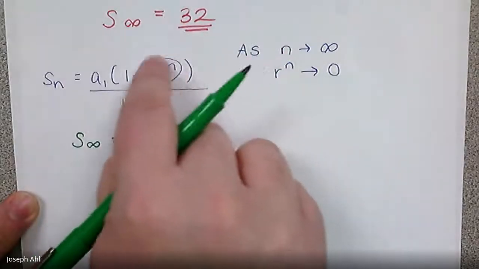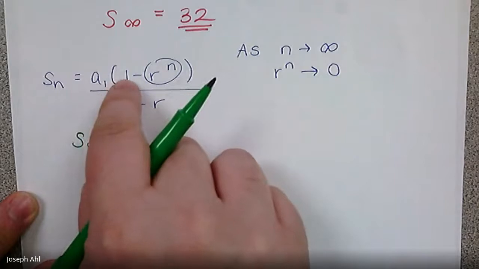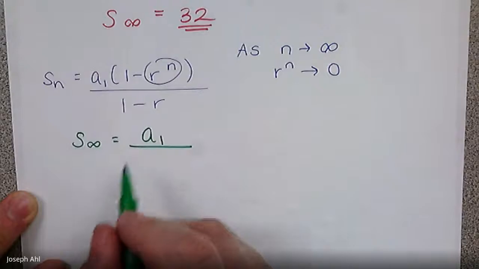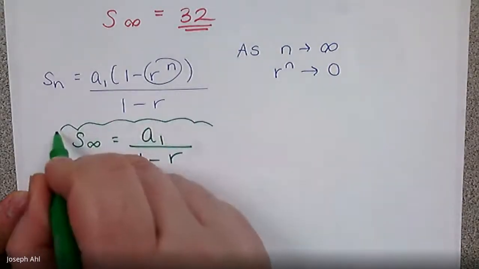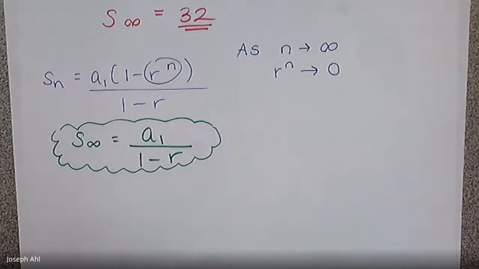So as n goes to infinity, if this goes to 0, the numerator is just going to be a1 times 1 minus 0, or a1. And the denominator will be 1 minus r. This is the formula that we use for an infinite geometric series.